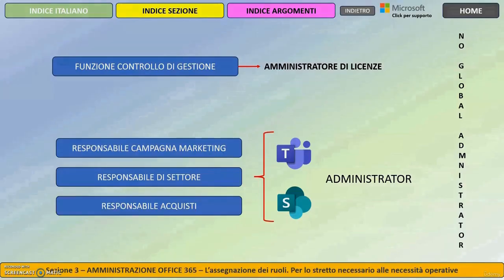For the purchasing manager, who will manage the company's SharePoint site dedicated to purchasing, and the dedicated purchasing team, where all suppliers will be included, with whom they will discuss, organize video conferences, and exchange files. It is absolutely not necessary to assign the global administrator role to these three subjects. Therefore, this must absolutely not be done.